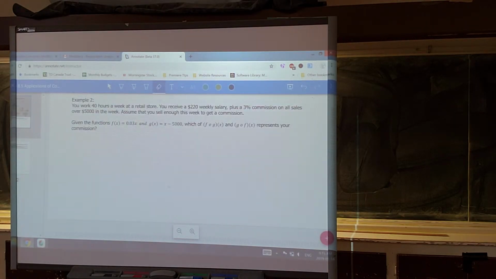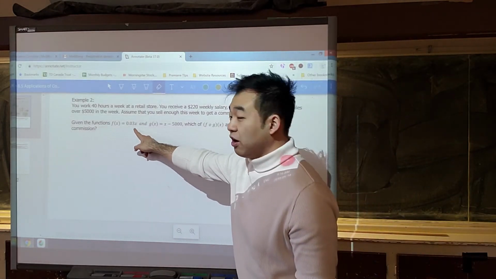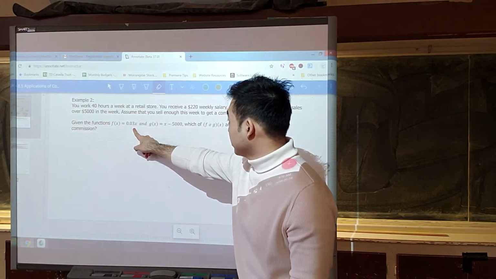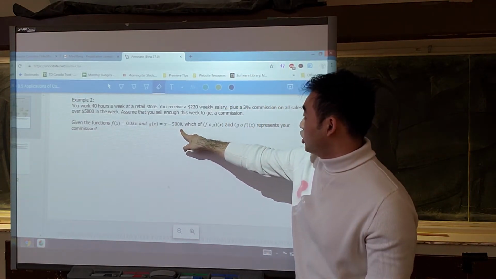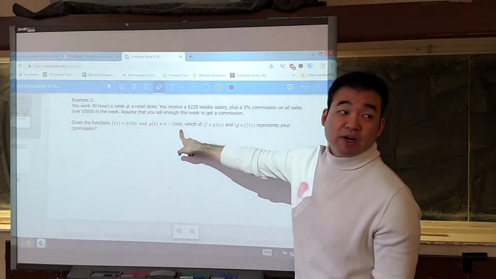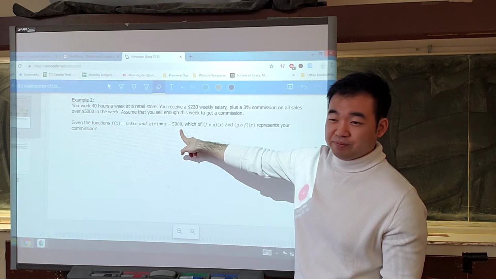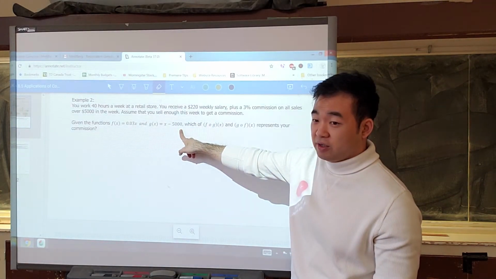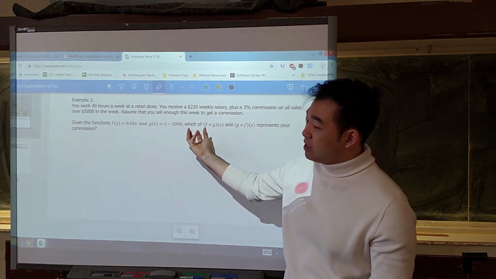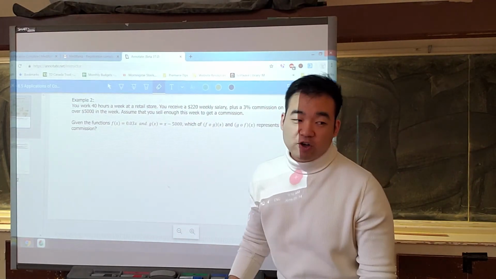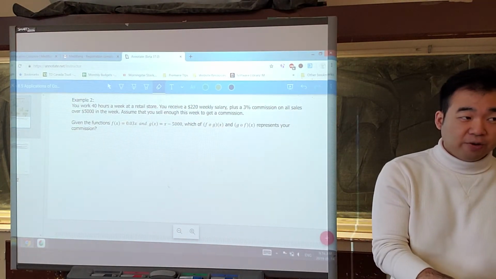All right, let's talk about it. Given the functions f, which is the calculation of 3% commission, and g, what is that a calculation of? The sales per week, how much is earned. Which function should be going into the other function? Which function should affect the other?